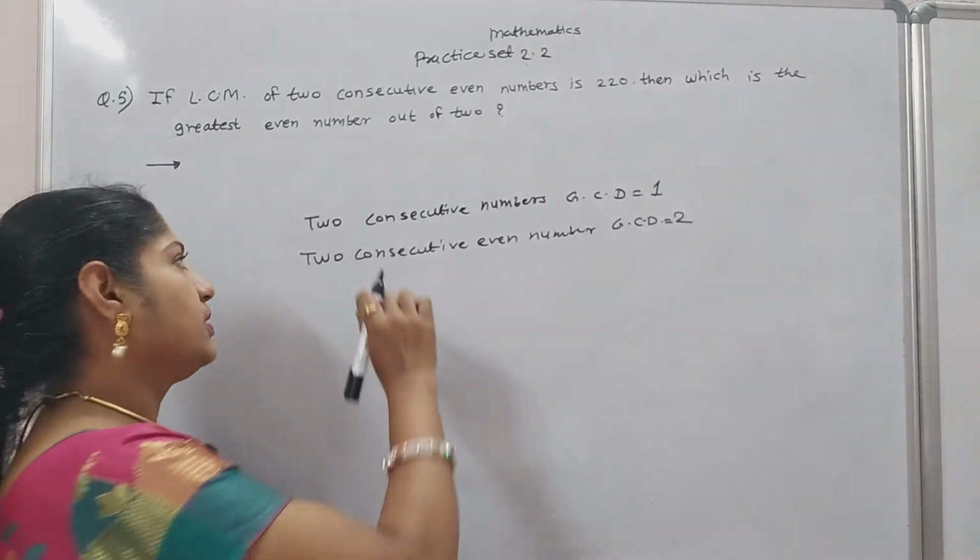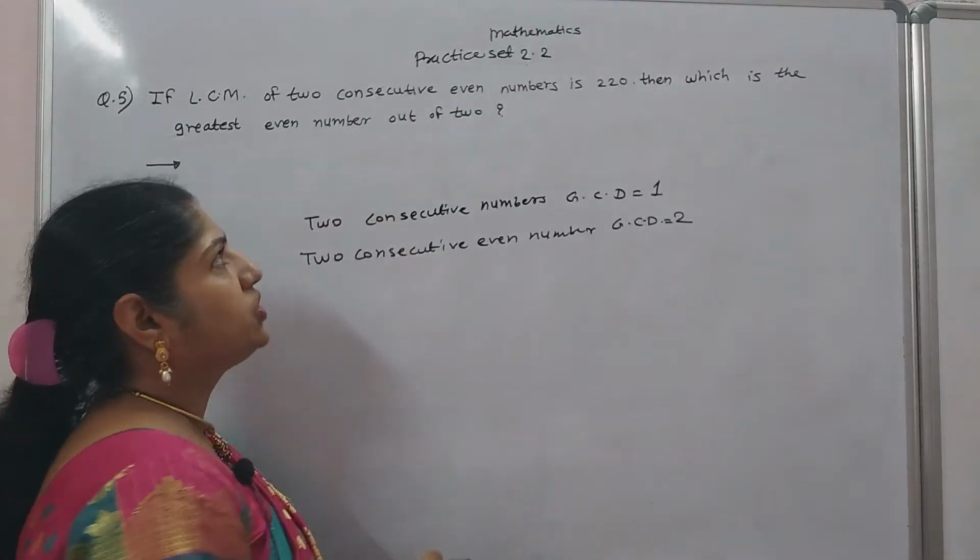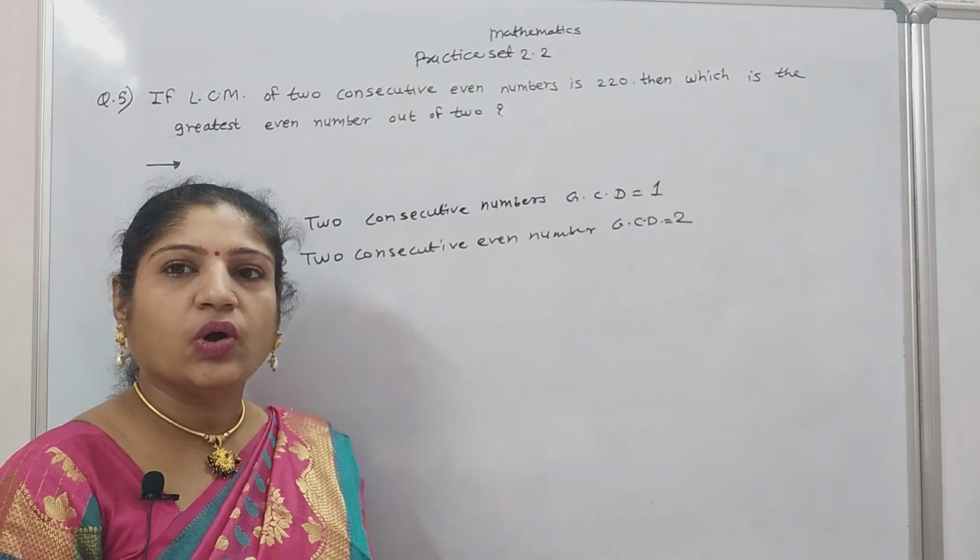Note this one: for two consecutive even numbers, the GCD is always 2.